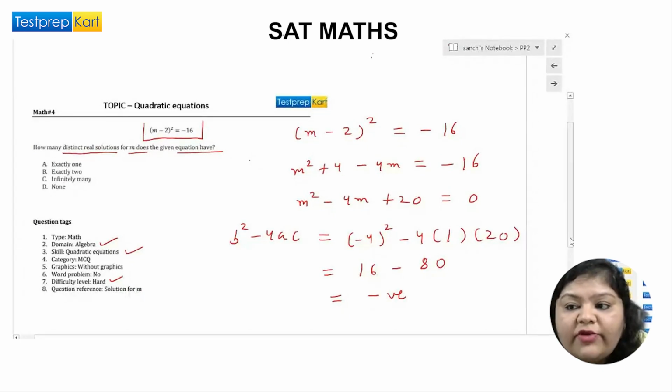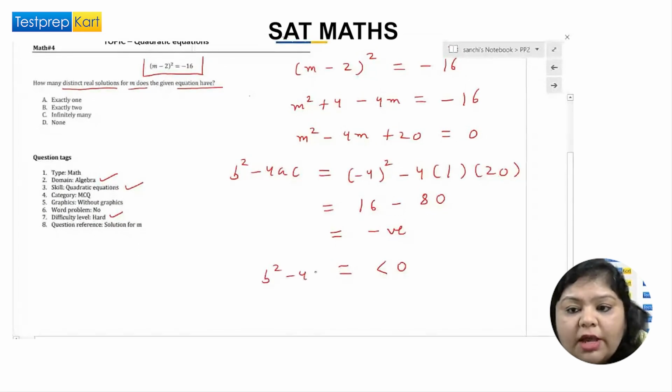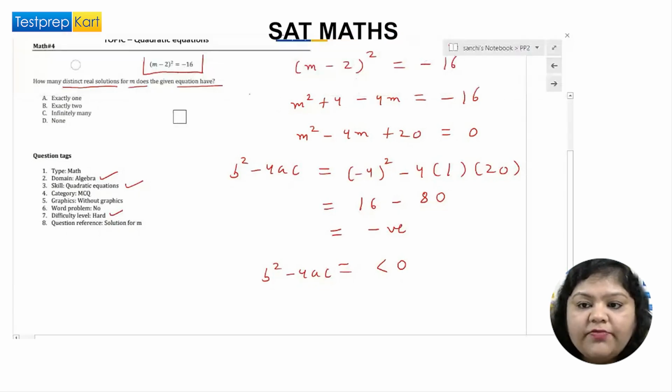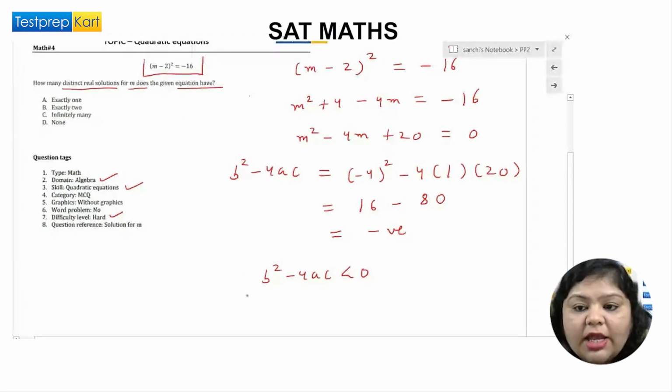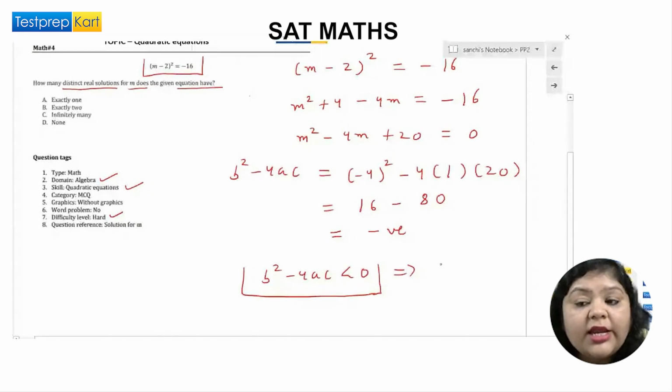And if it is a negative number, can I say it will be less than 0? So that means my b square minus 4ac, and let me erase this equals to sign from here, would be less than 0. And if b square minus 4ac is less than 0, it means it will have imaginary roots.